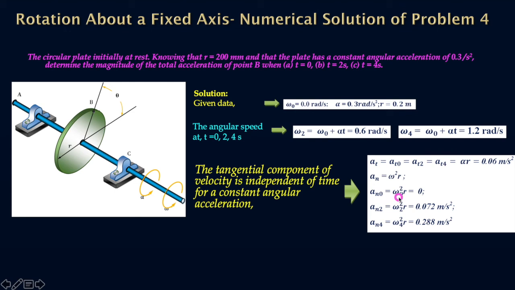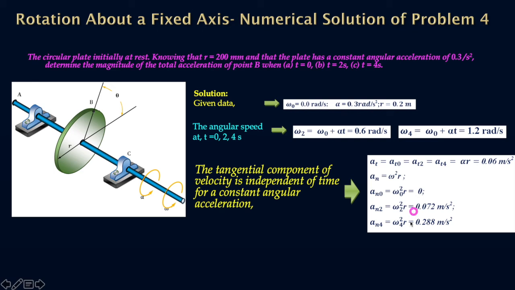So for the initial condition at time t0, say an0, means the normal component of acceleration is omega 0 square r, where omega 0 is 0, so finally it is 0. At 2, omega 2 square r, we have already calculated the omega 2 value.